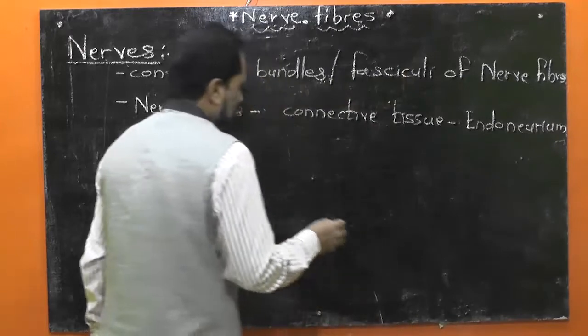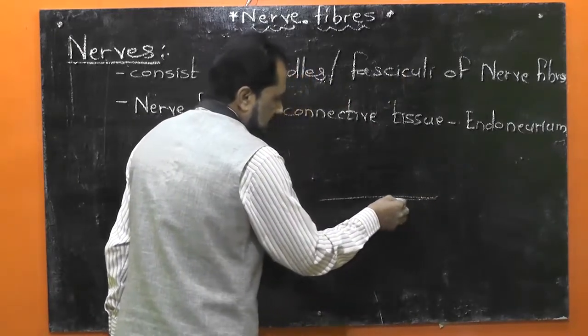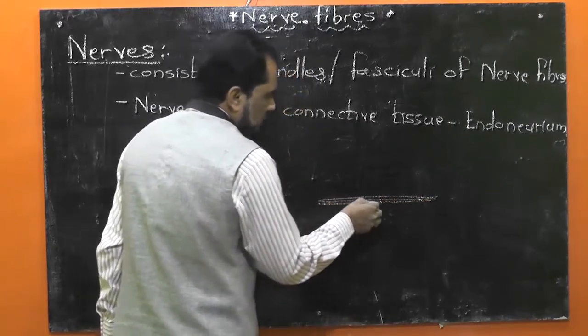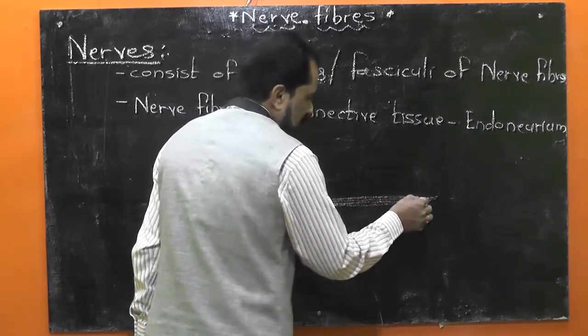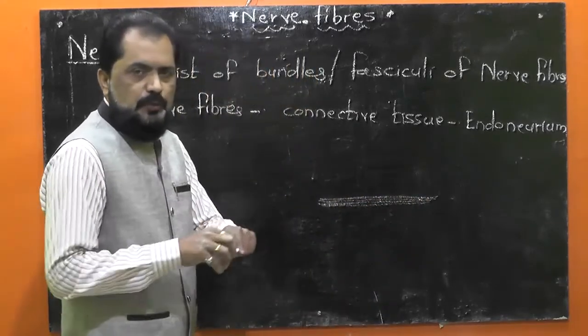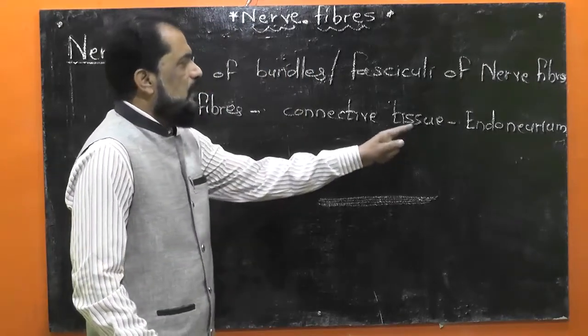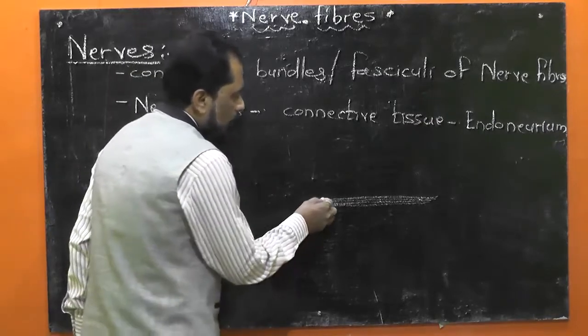Just consider that here are nerve fibers, and such numerous nerve fibers are bound to one another by connective tissue. They are adhered together, bound together, held together by connective tissue known as endoneurium.